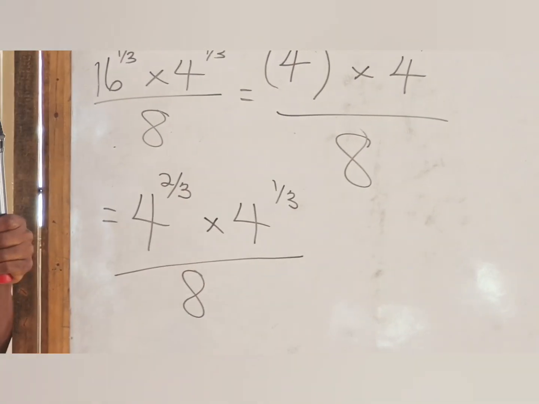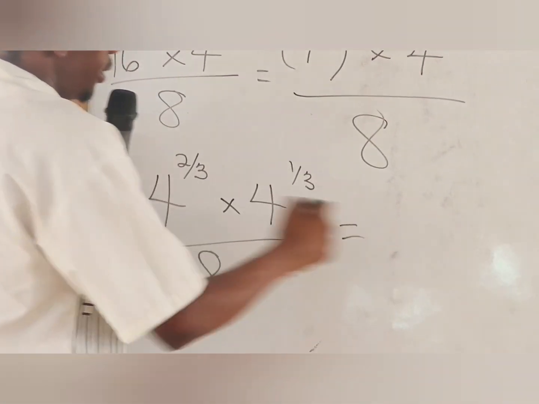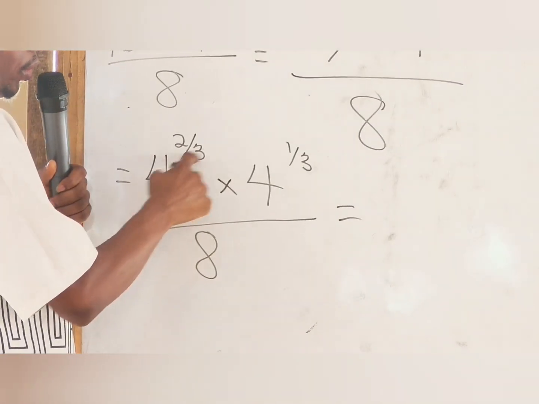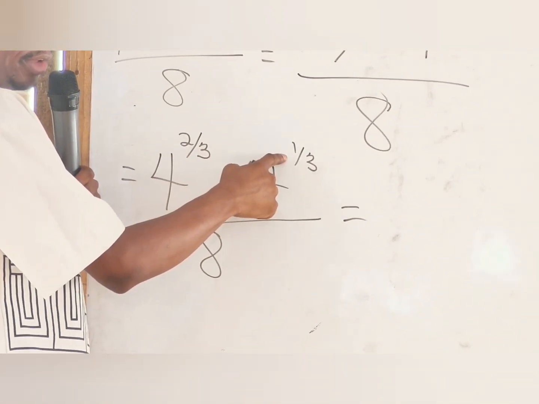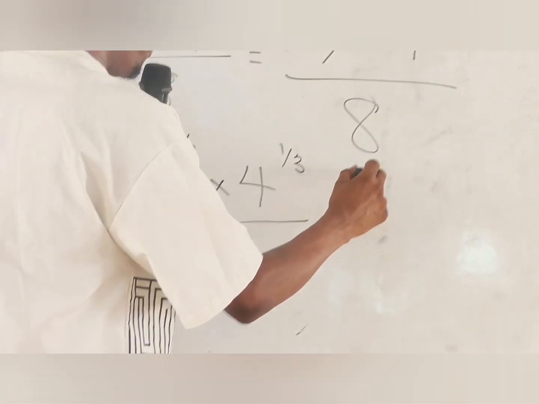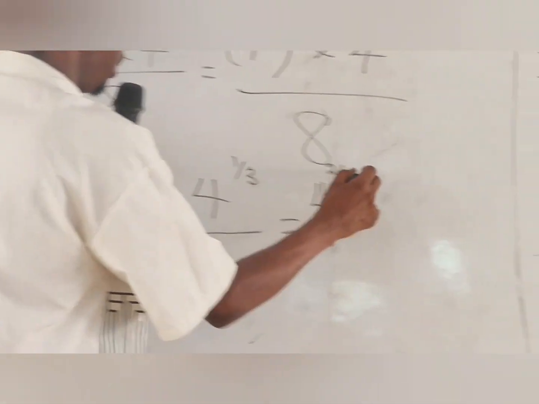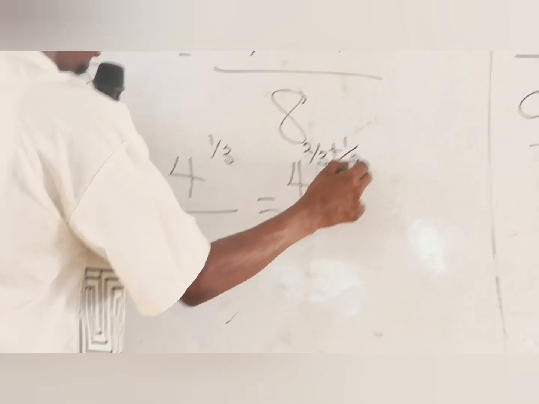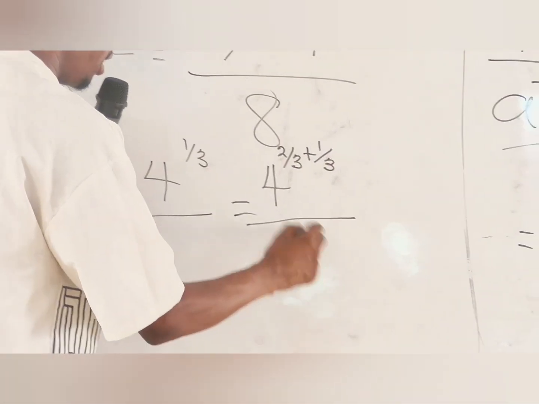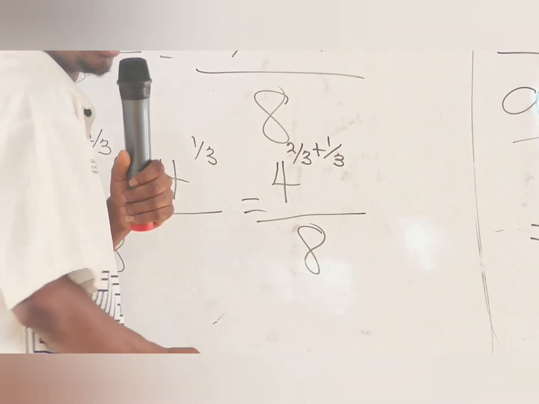Times 4 to the power 1/3, all over 8. Are you watching? When the bases are equal, what do you do? You add the powers, the first law. So you have 4 to the power 2/3 plus 1/3, all over 8. Are you watching?